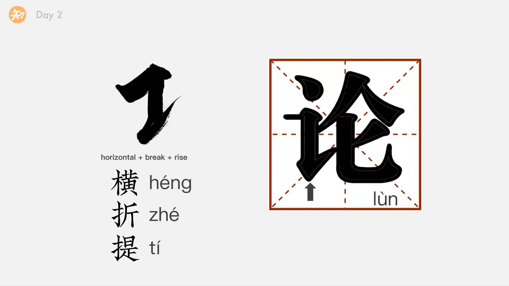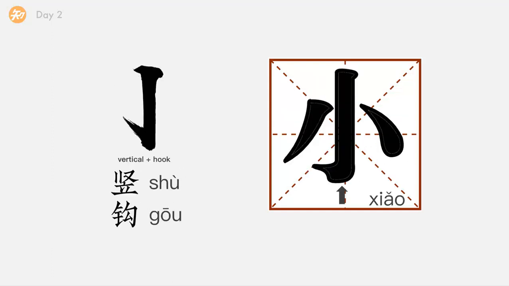However, vertical cannot play as a connection type, so the horizontal may not stop and turn if it meets the vertical. Now, read after me one more time. 横折提.